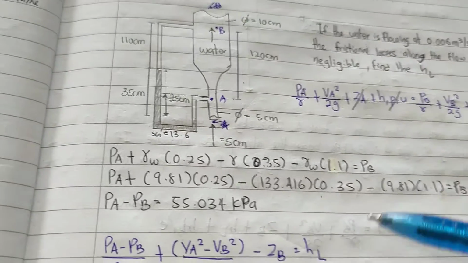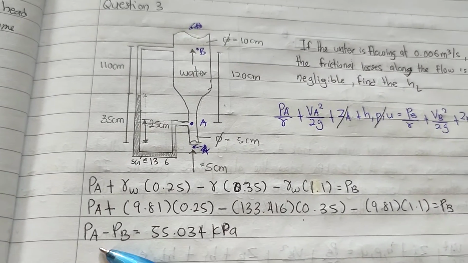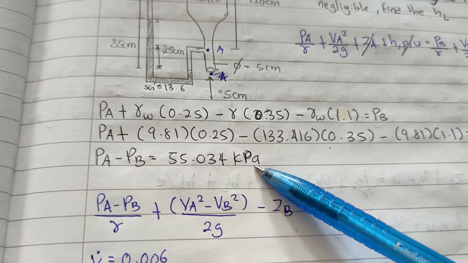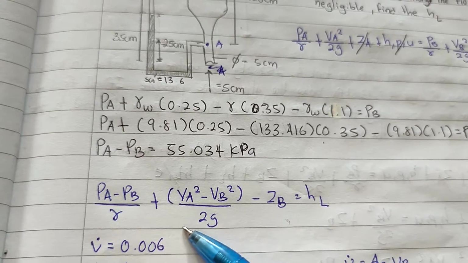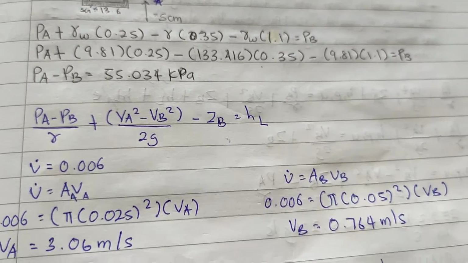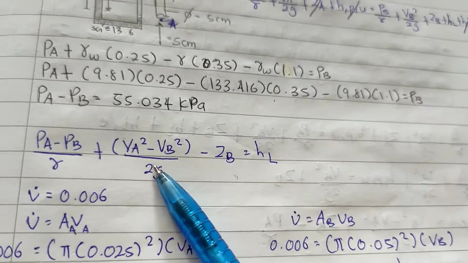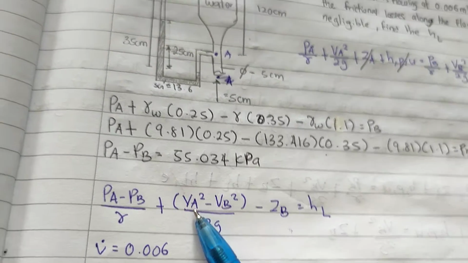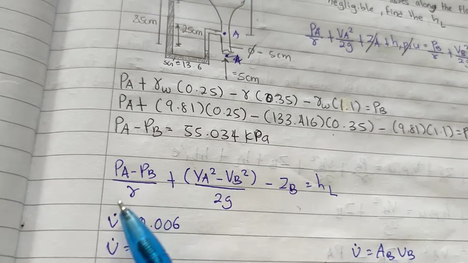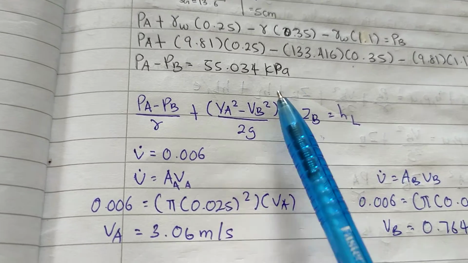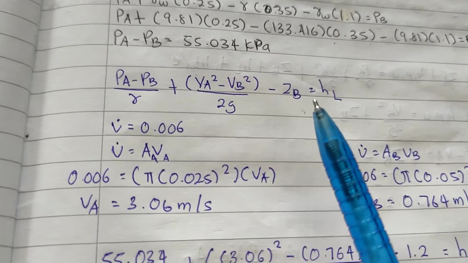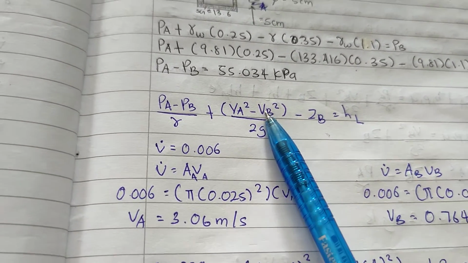Then you can get PA minus PB equal to 55.034 kilopascal. Then do the head term equation just now, but you still don't know the values of VA and VB, so you need to find what VA and VB are.